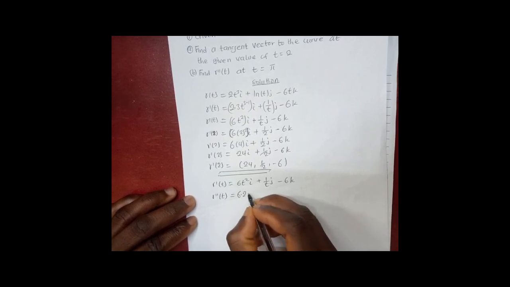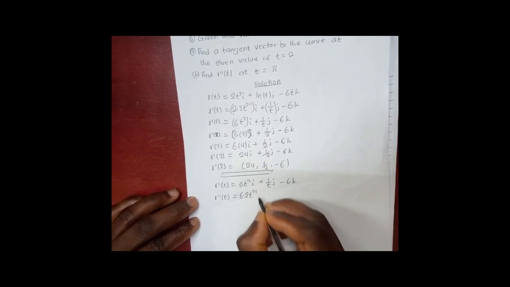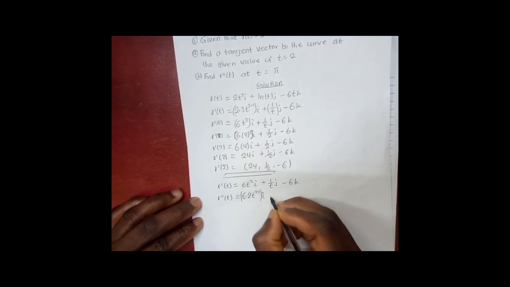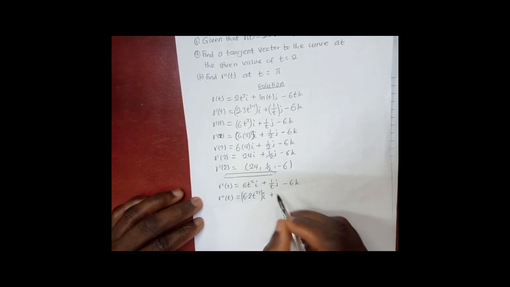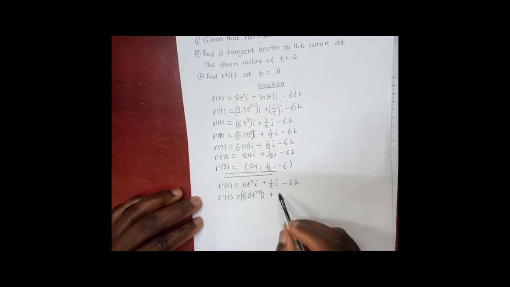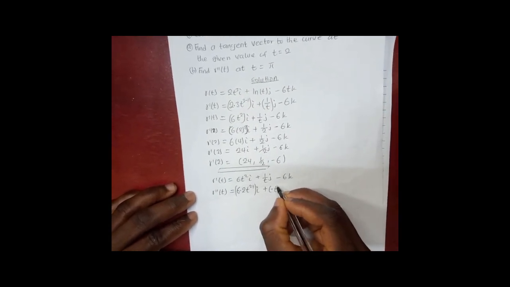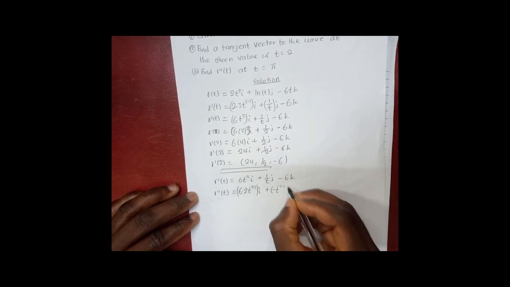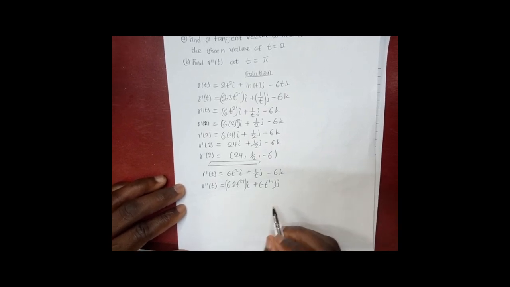We have 2t, then the exponent 2 reduces by 1. Then i plus, this is a quotient, a fractional function. So to find the derivative of this, you can use the quotient rule. If you do that, you get minus t exponent minus 1 j. And this last term is a constant. The derivative of a constant value is 0, so we ignore that part.